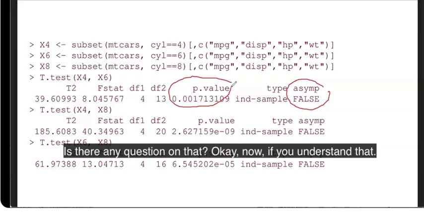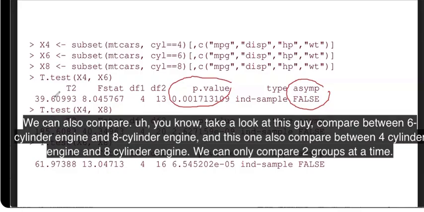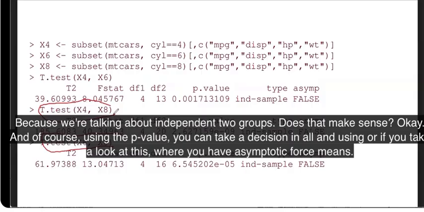Okay, now if you understand that, we can also compare, take a look at this one, six-cylinder engine and eight-cylinder engine, and this one also compares four-cylinder engine and eight-cylinder engine. We can only compare two groups at a time because we're talking about two independent groups. Does that make sense?